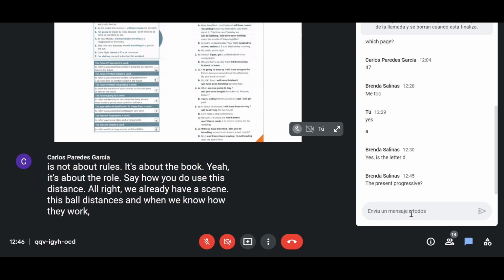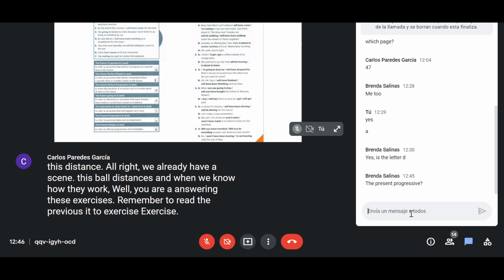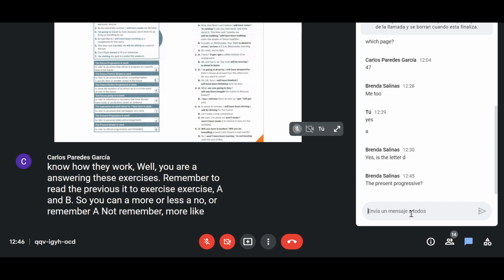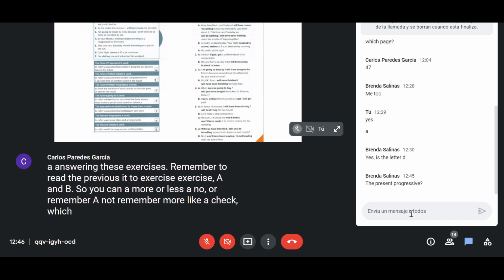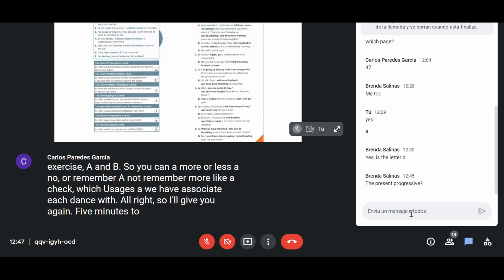While you are answering this exercise, remember to read the previous two exercises, exercise A and B, so you can more or less check which usages we associate each tense with, all right? So I'll give you again 5 minutes to answer this one.